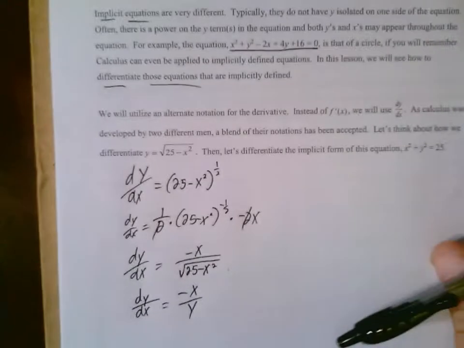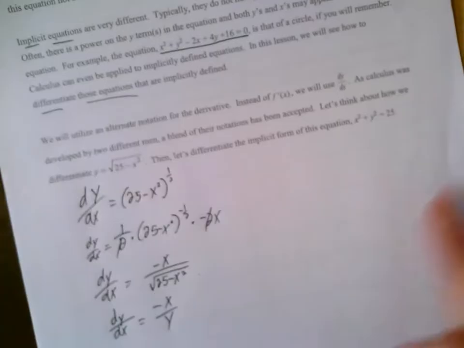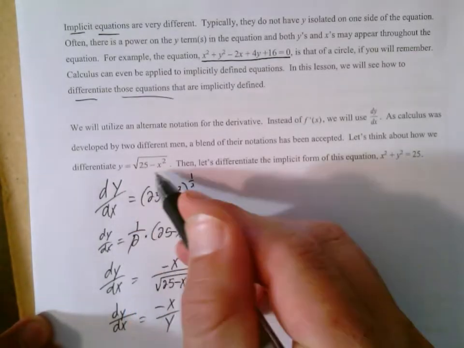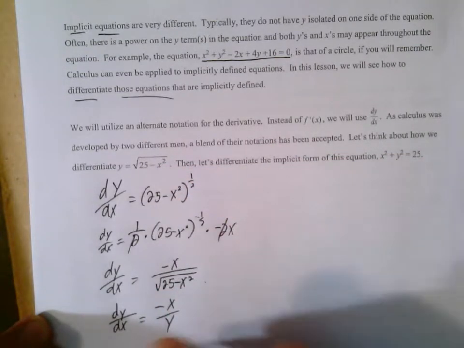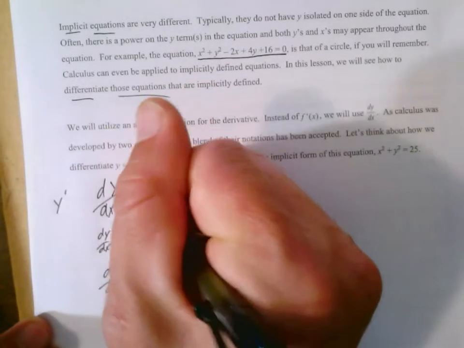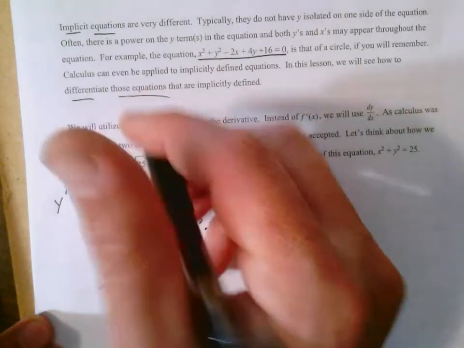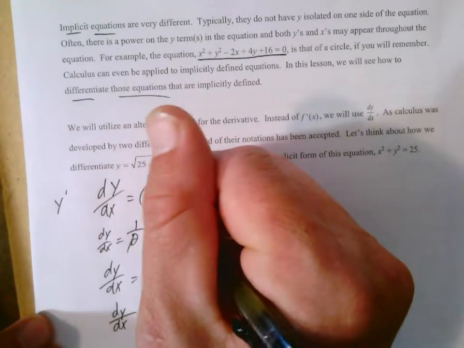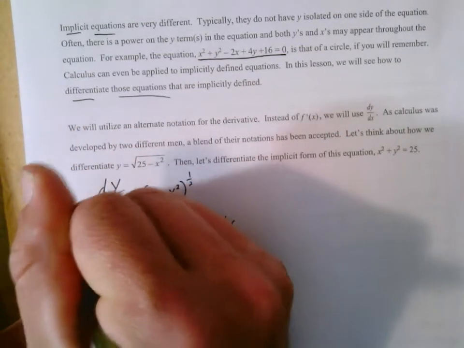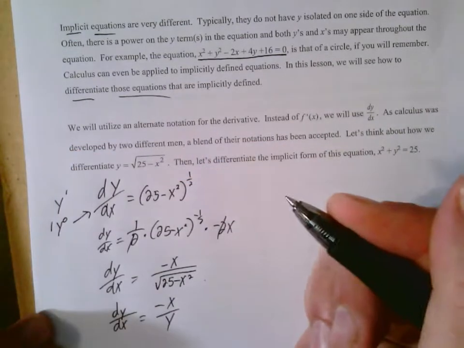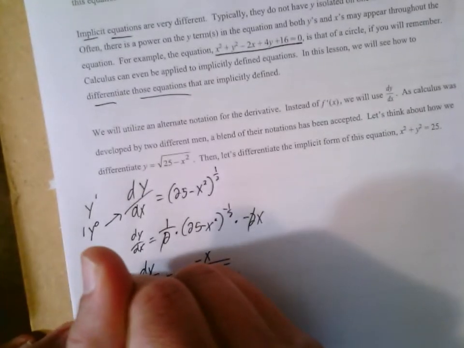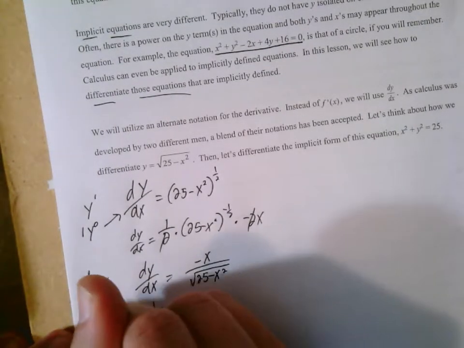Okay, now a couple things we need to note. What happened to my y when I went from here to here? If I took the derivative of a y, so if I just took the derivative of both sides with respect to x, then I would have 1y to the 0, and that gets replaced by dy/dx.